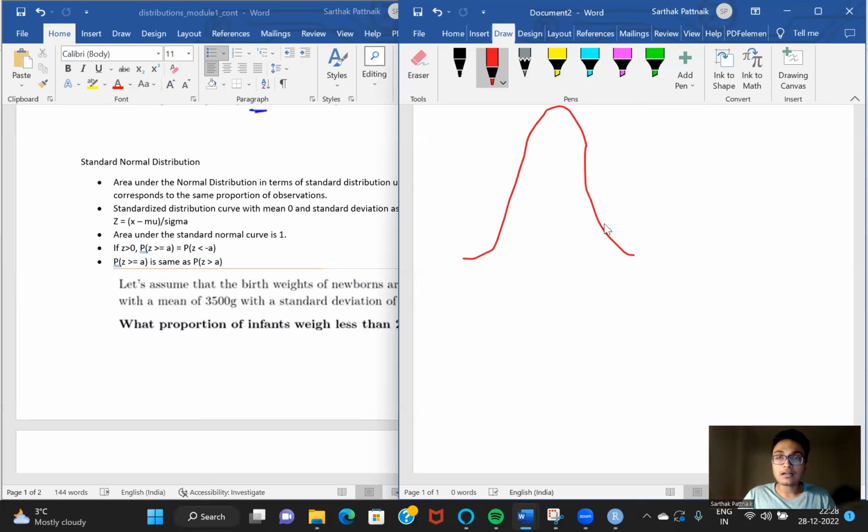So again, the complete area will be 100%. In the standard normal curve, we have area under the curve as 1. The complete area is 1. You all know mean is 0, standard deviation is 1.